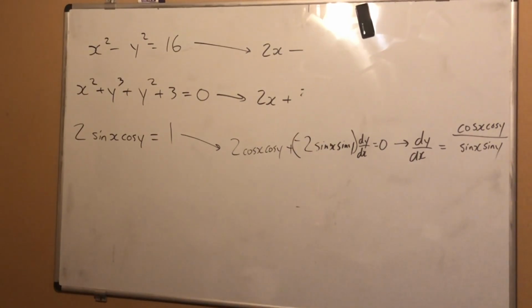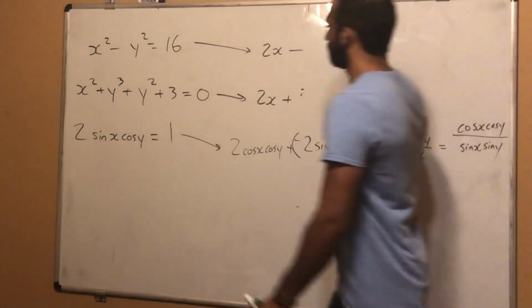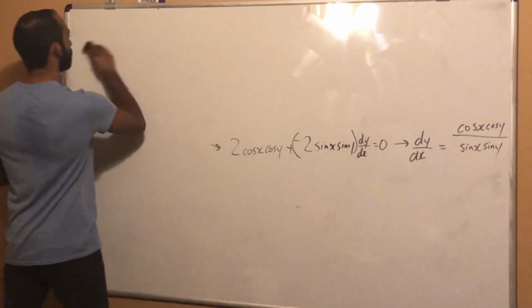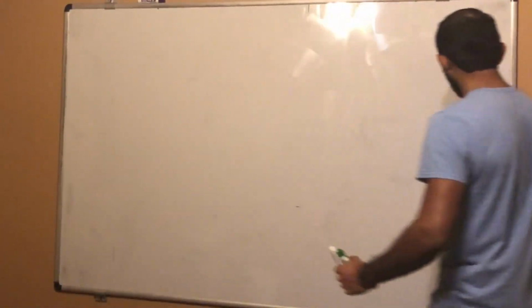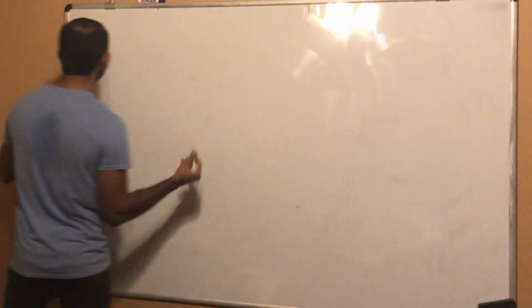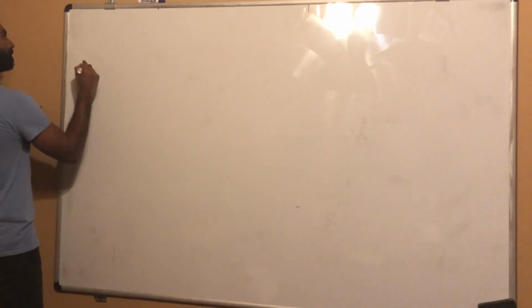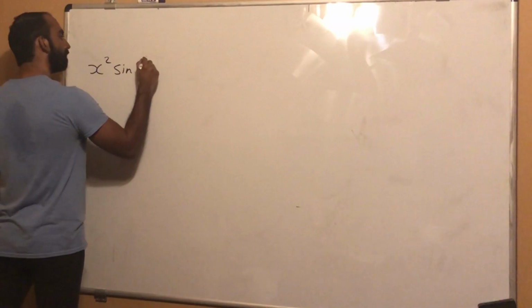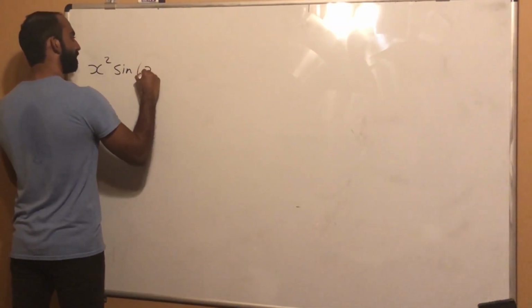Good? All right. Now, I'll show you this. Sometimes you have variables that are kind of weird with the chain rule. So let's say I have something like this: x squared times sine of x plus y.